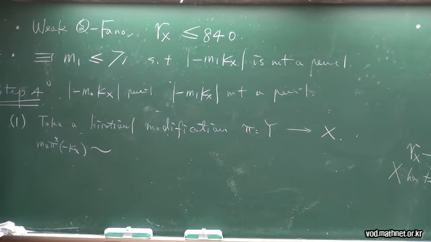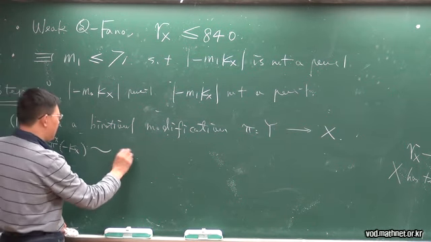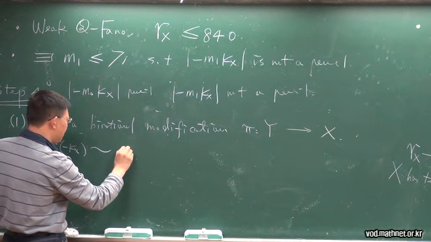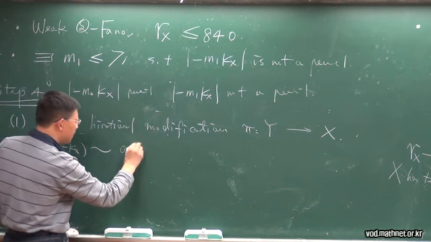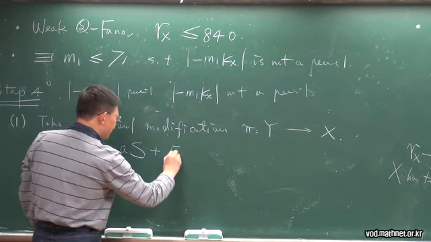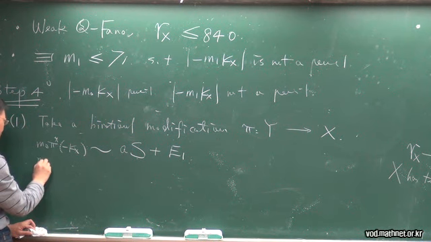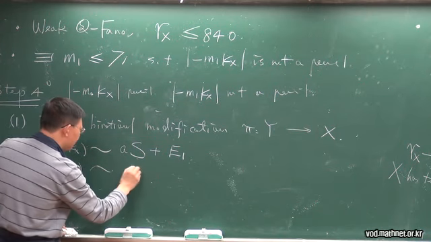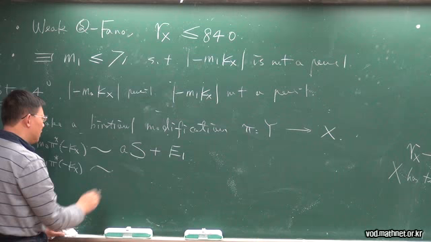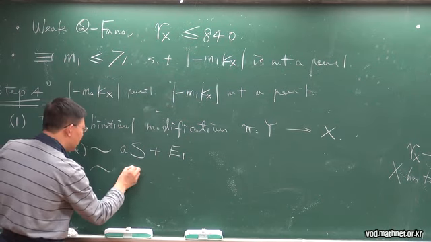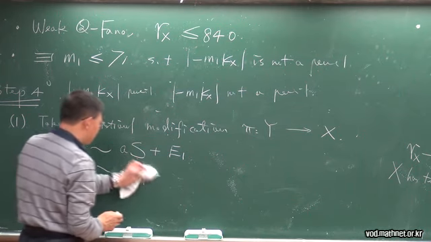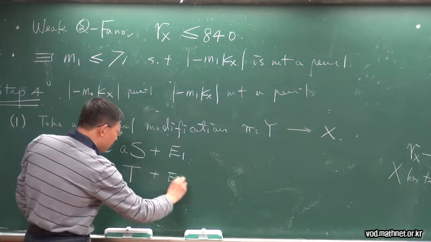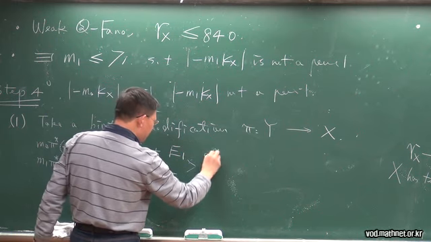This is Q-linearly equivalent to, say this is a pencil, so it's something like some number a times pencil S plus E1, and m1 pi upper star minus Kx is equivalent to some surface T. So this is irreducible because this is not a pencil, plus E2. So E1, E2 are effective Q-divisors.